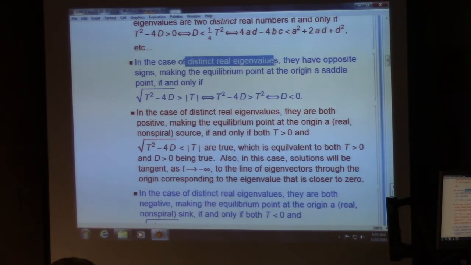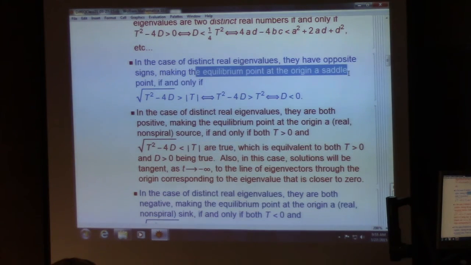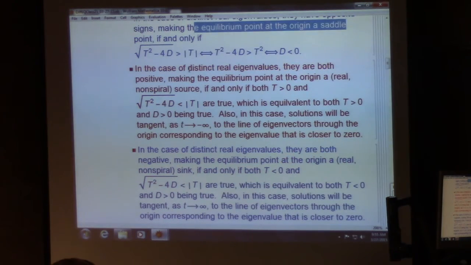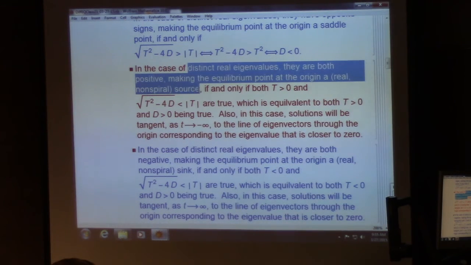In the case of distinct real eigenvalues, when they have opposite signs, the equilibrium point at the origin is going to be a saddle point. That's something you should know. If they're distinct real eigenvalues and they're both positive, then the equilibrium point at the origin is going to be a non-spiral source. If they're distinct real and negative, it's going to be a sink.